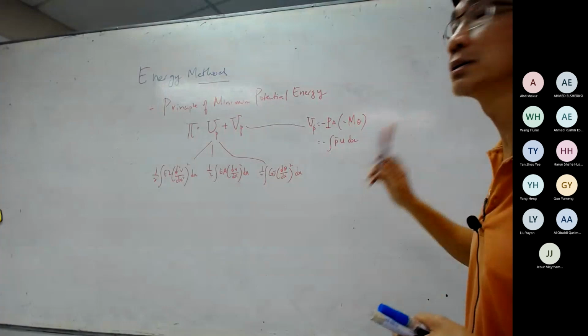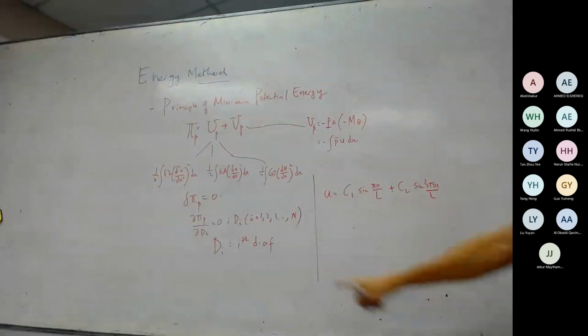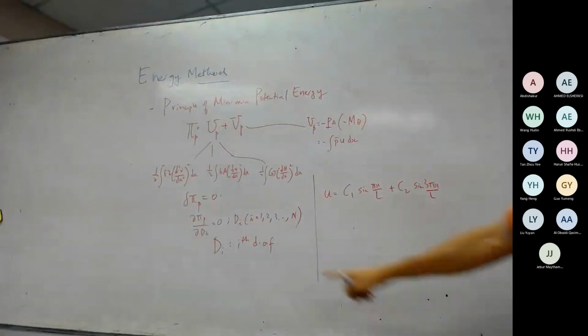For example, if I have a beam problem with displacement v = c1 sin(pi x / L) + c2 sin(3 pi x / L), then the unknowns are C1 and C2, so 2 degrees of freedom.